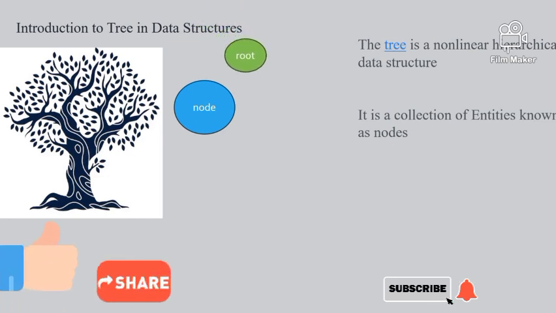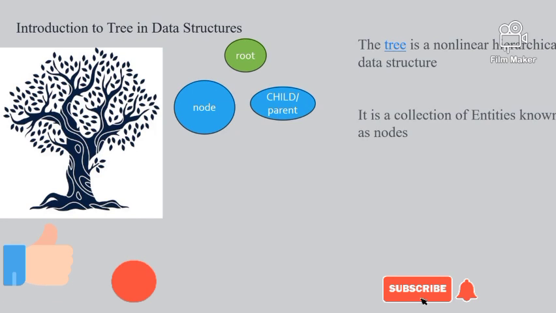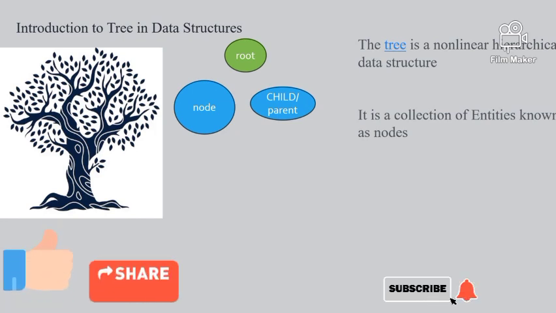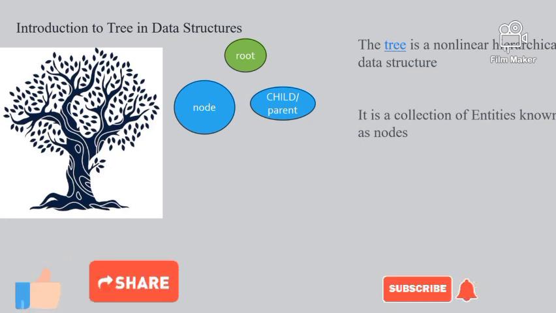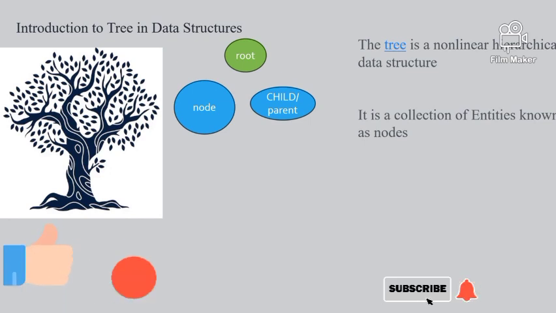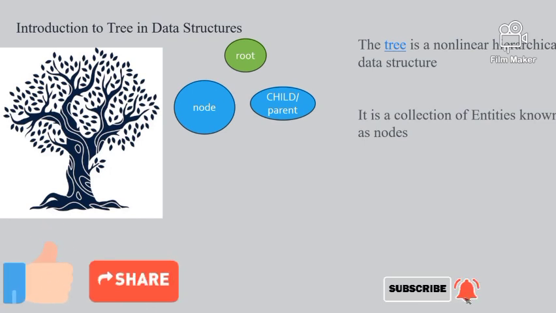Each and every tree will have a root. With that, if I want to have branches, I need to know the connectivity, how the root is connected to a branch. Whatever attachments we are using, the branches, those are called children. We use some sort of branch to connect from the root to the leaves.